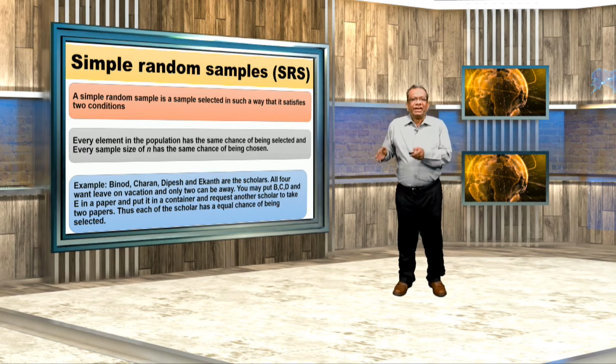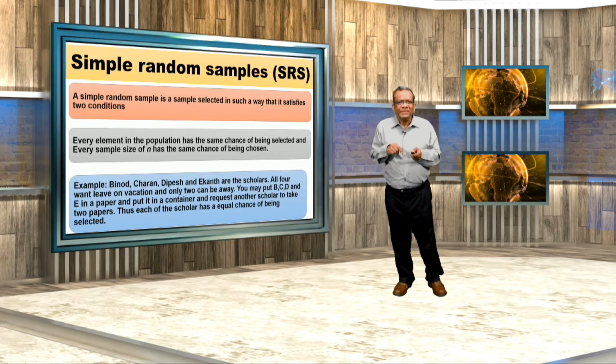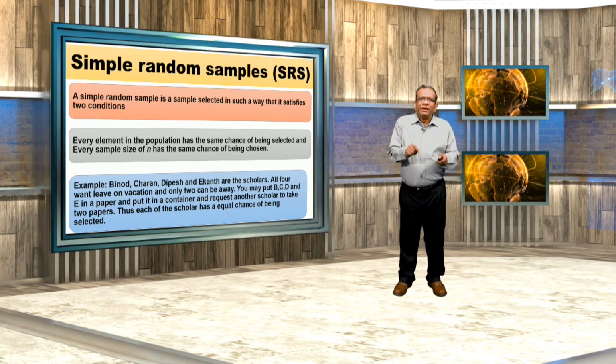Binod, Charan, Deepesh and Ekanta are 4 research scholars. All 4 want to go on a vacation and only 2 can be away. You may put B, C, D and E, the initials of these research scholars, on paper slips in a container and request another scholar to take 2 papers.